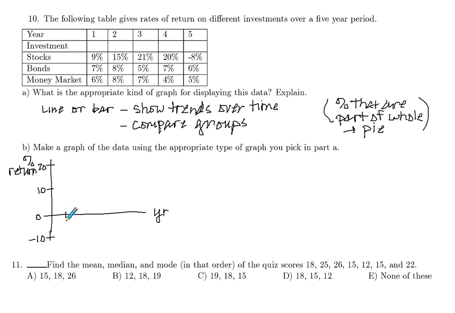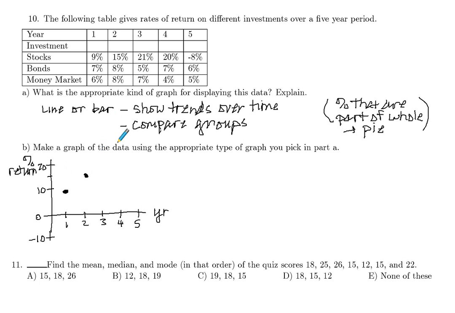So at year 1, 2, 3, 4, and 5, we want to graph these values. Stocks were 9% in year 1, so that would be about right here. And then 15% in year 2, so they're going to go up halfway between 10 and 20. 15 would be about right there.